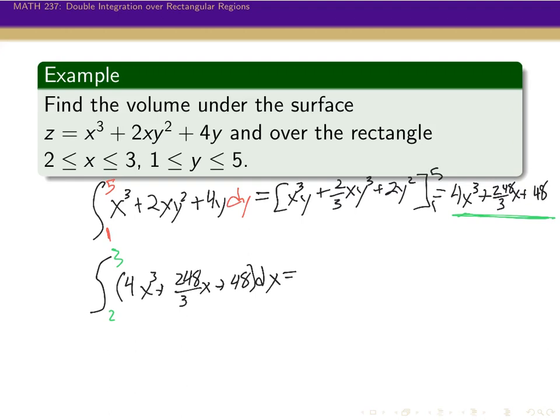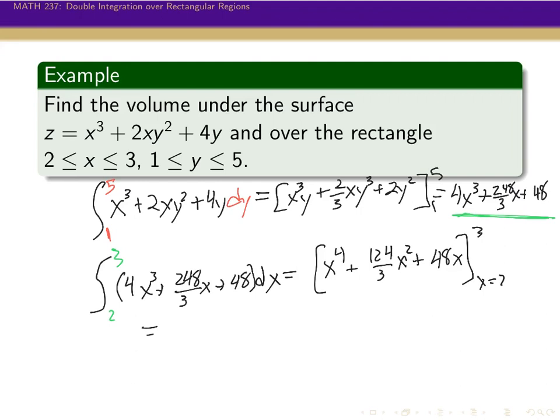And so if I do 4x cubed in terms of x, that's going to give me x to the fourth plus 248 over 3 times x, so that's going to be 124 over 3x squared plus 48x. And we're doing these from x equals 2 to 3.